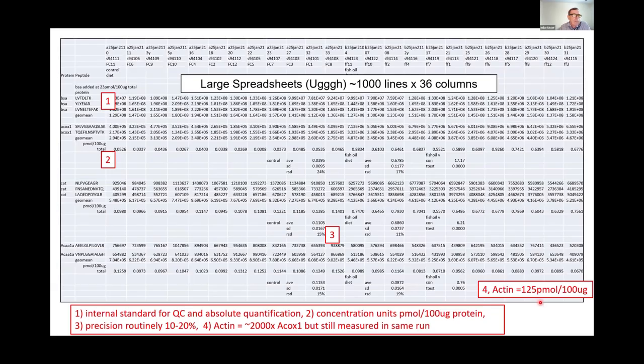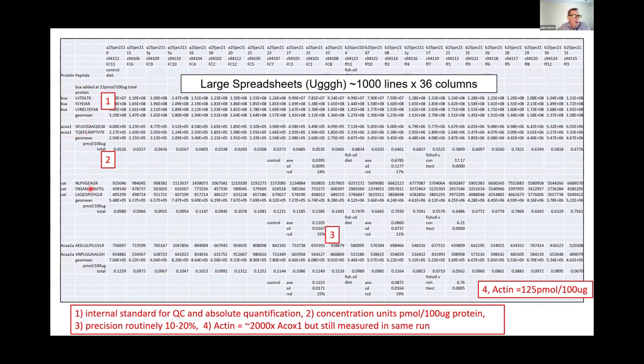And so this is an example of how we send results out. First off, we add either bovine serum albumin to most samples, or horse serum albumin to cultured cell samples, but we add it at a known rate. And so essentially the response of the best flyer peptides for our internal standard tell us what 23 picomoles per 100 micrograms of total protein looks like.